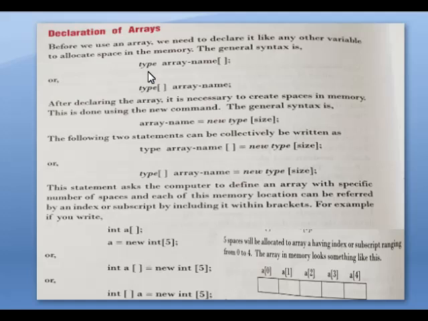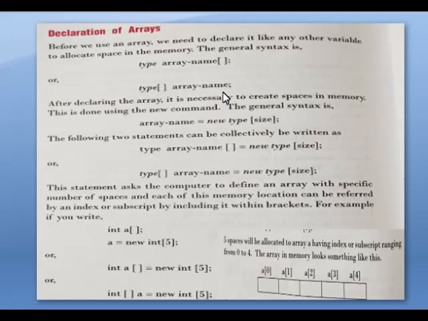If it is an integer array, you have to write int. If it is a decimal array, you have to write float. If it is a character array, you have to write char. If it is a string array, you have to write string. So the type first you have to write, then the array name of. So you have to give one array name.